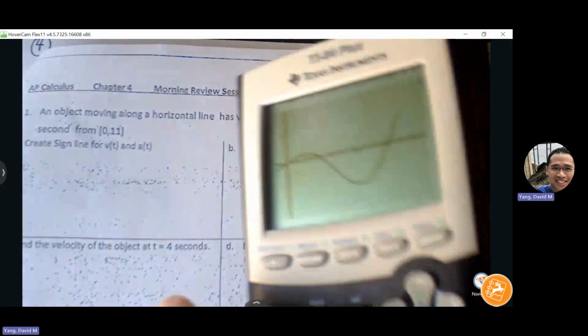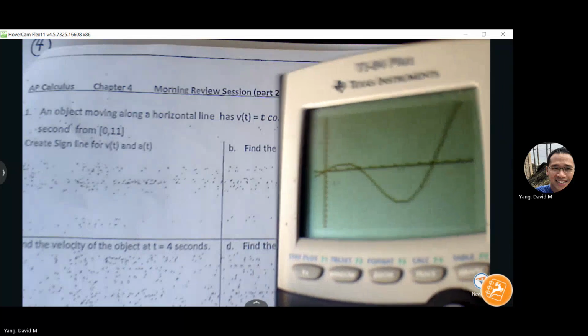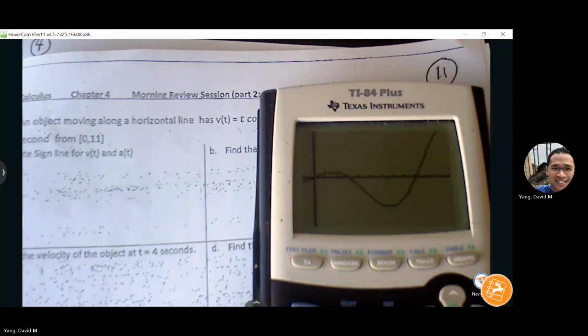I'll come around. For some reason these are highlighted, so just go back up here and unhighlight them, hit enter. Unhighlight them. Try again. That one, thank you.